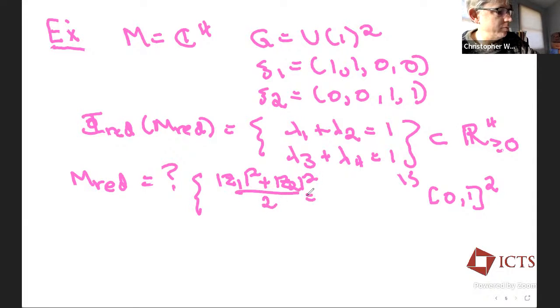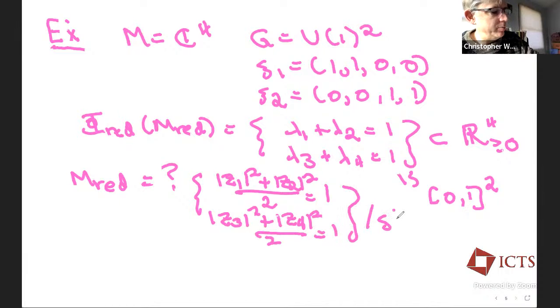The way I have it normalized, I have it like this. And then I'm taking z3 squared and z4 squared, and then I'm modding out by S1 squared. So this is going to be the complex projective line, but 2 copies of it.